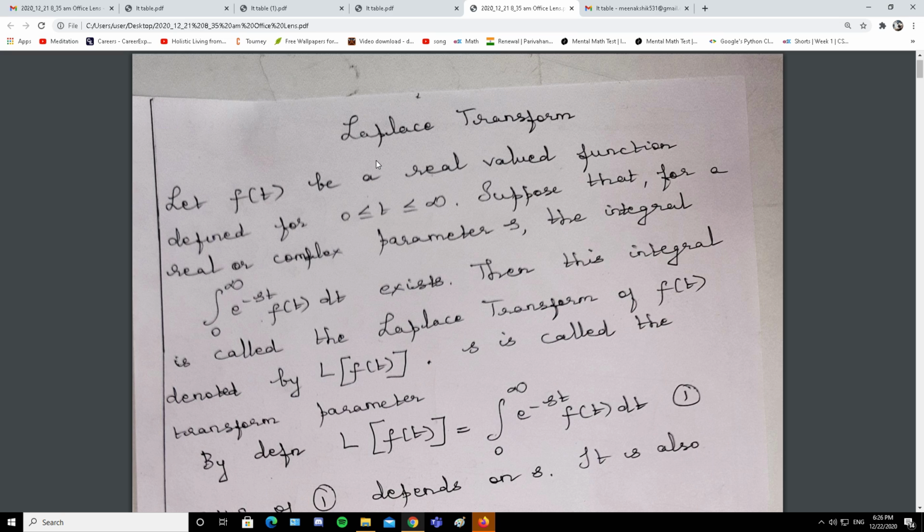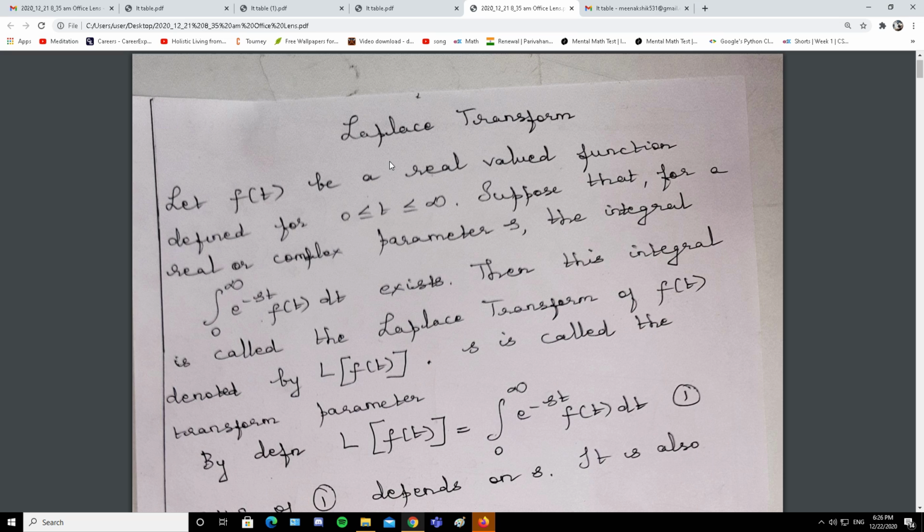For every Jacobian you have the inverse Jacobian. You know that J J dash is 1, that is, the product of the Jacobian and its inverse is 1. That's what you have with respect to differentiation. So you have the transformation with respect to differentiation.